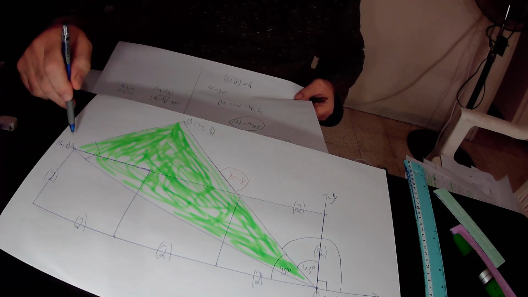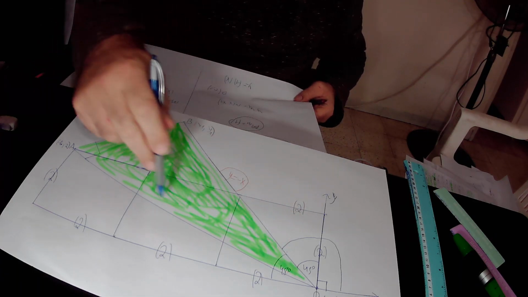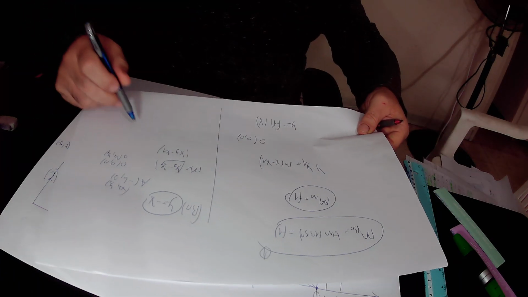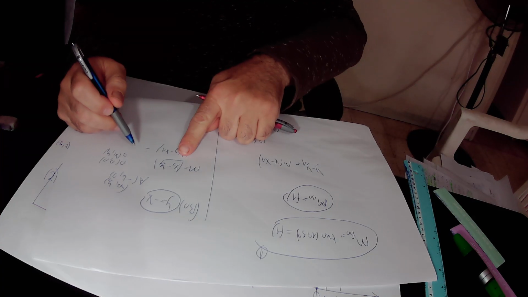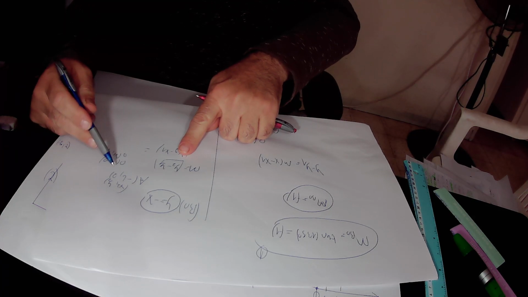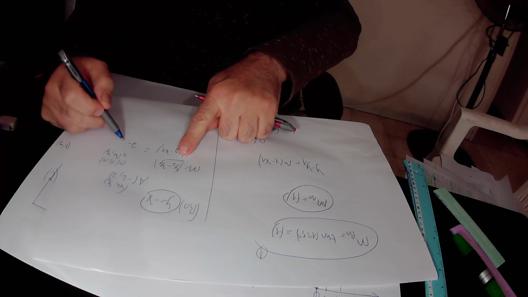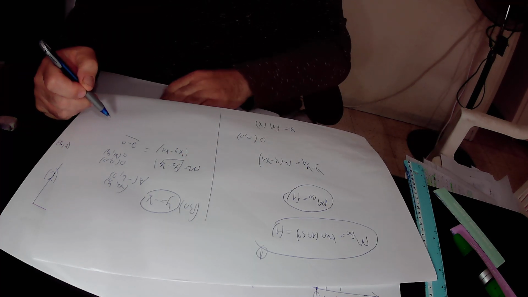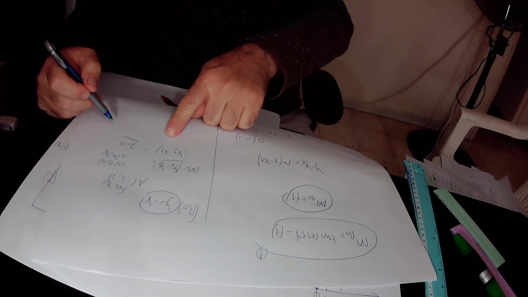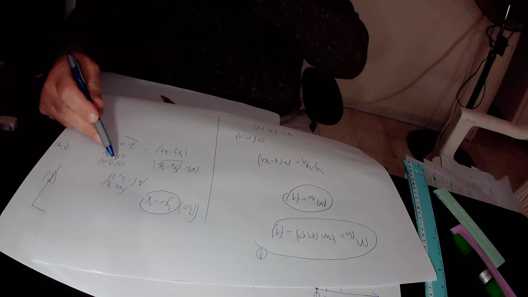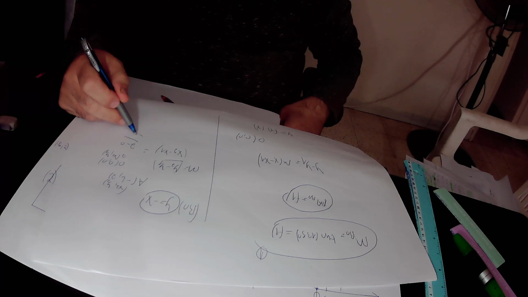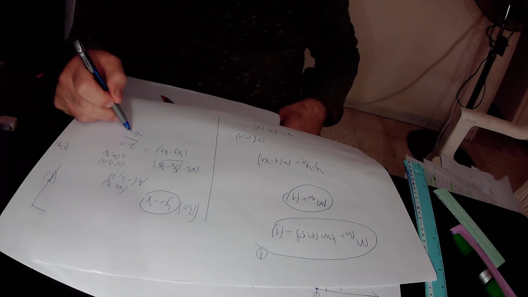According to this equation, we have y2 minus y1, y2 is 2 minus y1, y1 is 0, over x2 minus x1, x2 is minus 6 minus x1, which is 0.